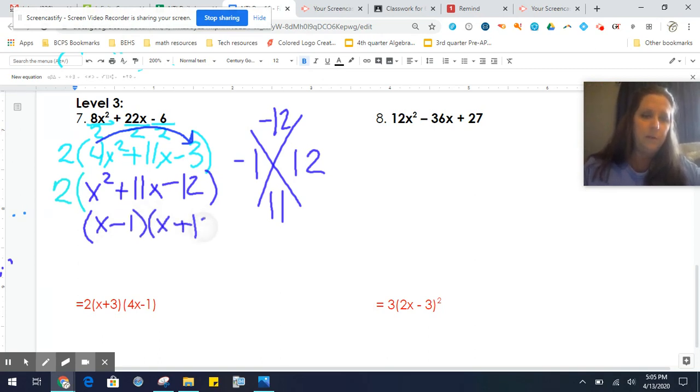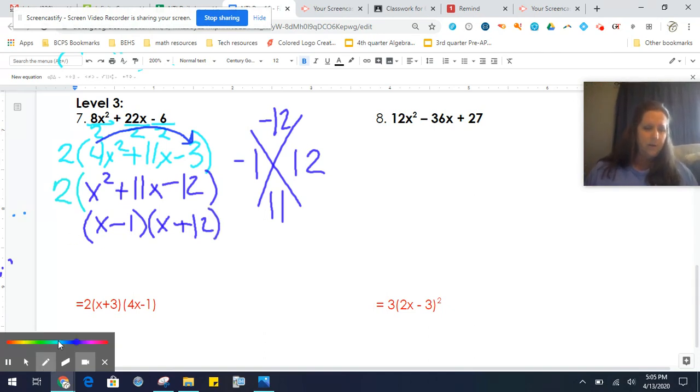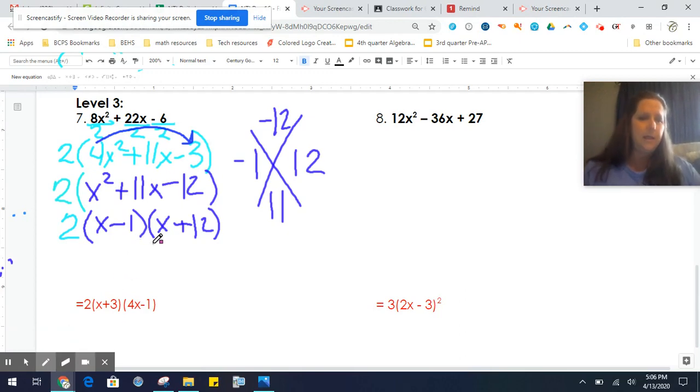But I'm still going to bring down this GCF that I took out at the very beginning. This 2 is still going to just keep coming down. To get these two parentheses, I had to start way back here and I had to slide the 4. If you slide, you must come back and divide. So now I'm going to divide both of my ends by the 4 that I slid just a moment ago.